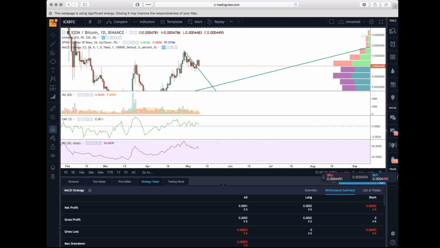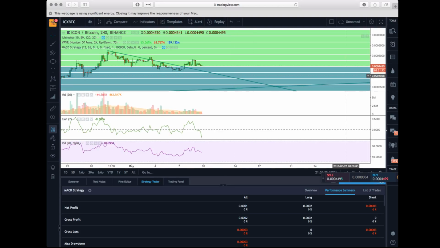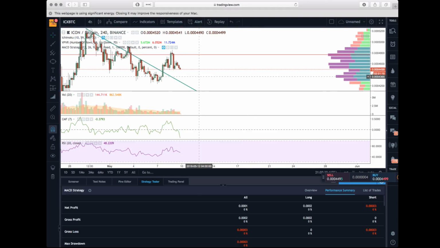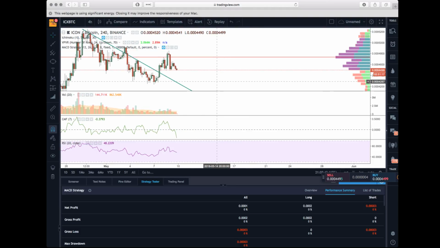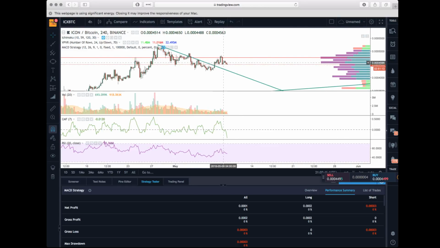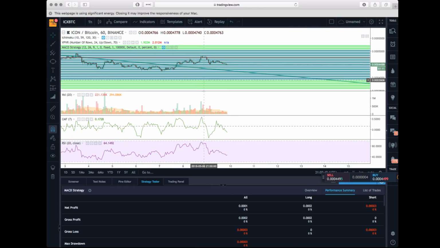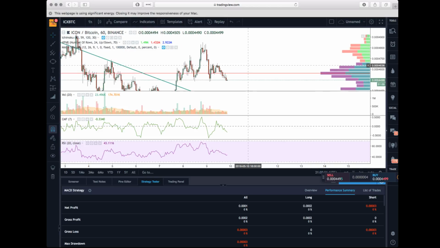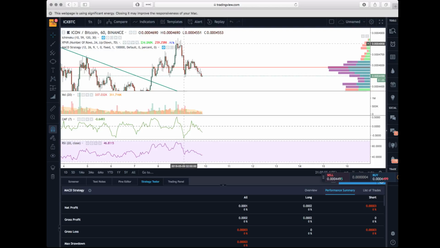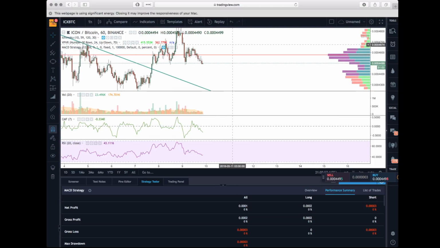Let's see on a shorter time frame though. Let's take a look at what's going on with this. Let's zoom in on this and see. Yeah, that kind of looks like a head and shoulders on a smaller time frame.